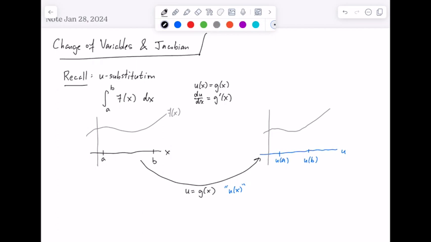And u is now a sort of mapping or transformation from a to b into the interval u of a to u of b. For simplicity, let's suppose u is a strictly increasing function, and it has non-vanishing derivatives everywhere. So we've mapped an interval to another interval.